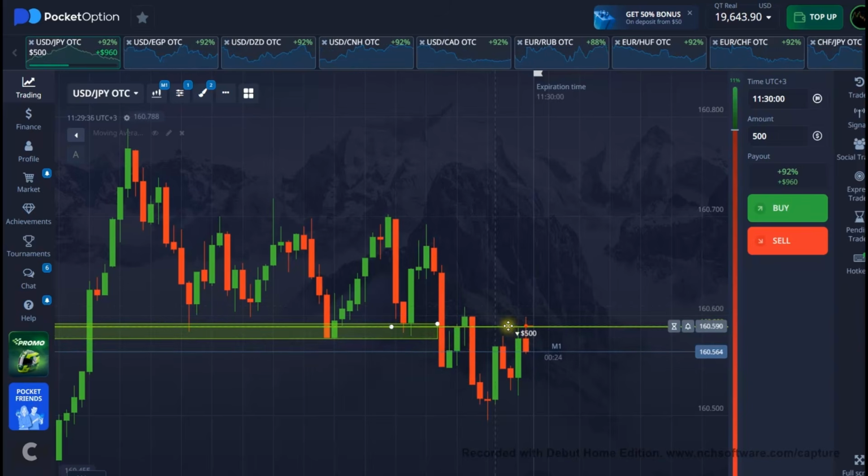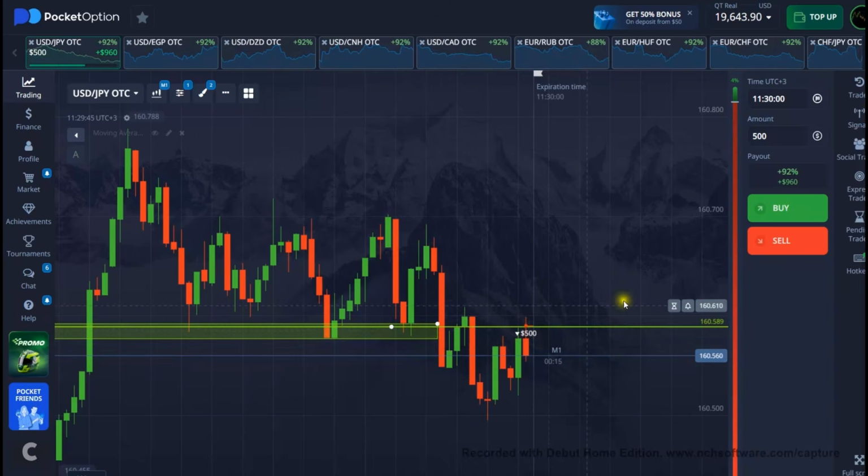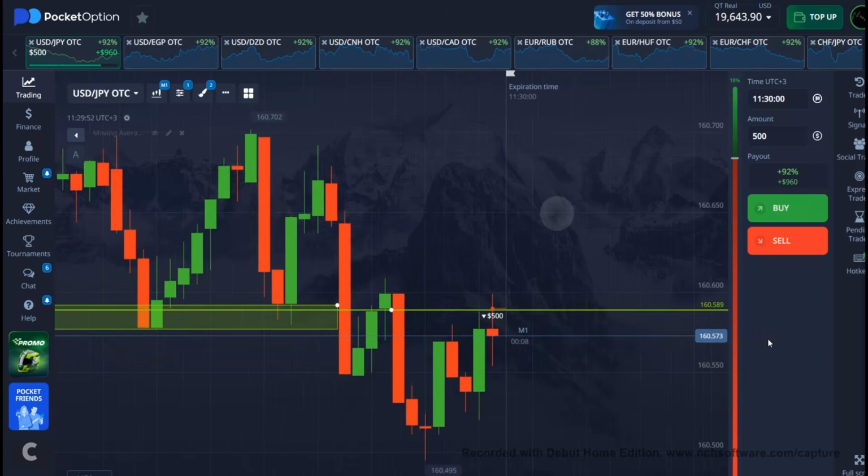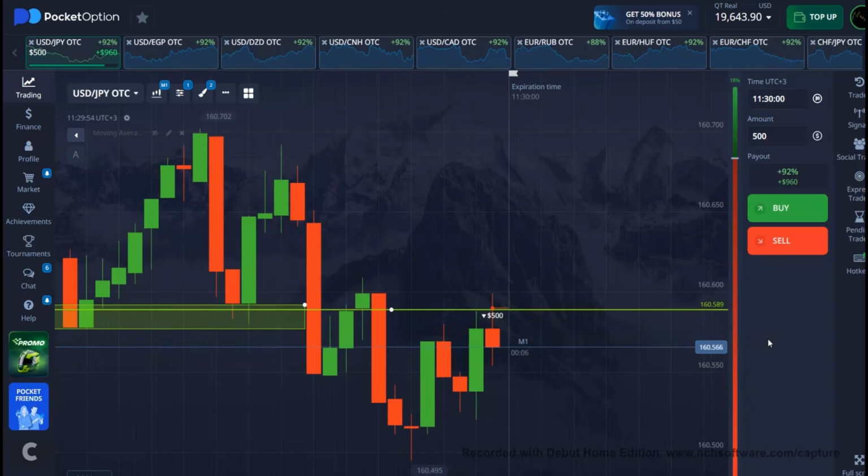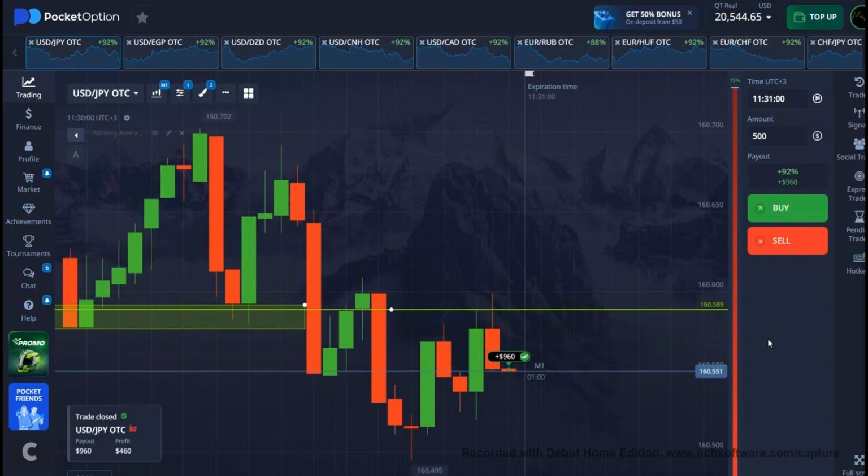Once the market got to our supply area, I took the trade with the sellers, and let's see how it closes. So that was a win, and that is it for today, guys.